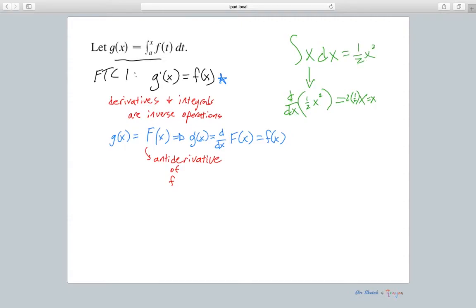We found the antiderivative. Again, antiderivative just means if I take the derivative of my answer, it gets me back to that integrand. All right, well, one other thing to think about is that actually this answer should be 1/2 x squared plus any constant.